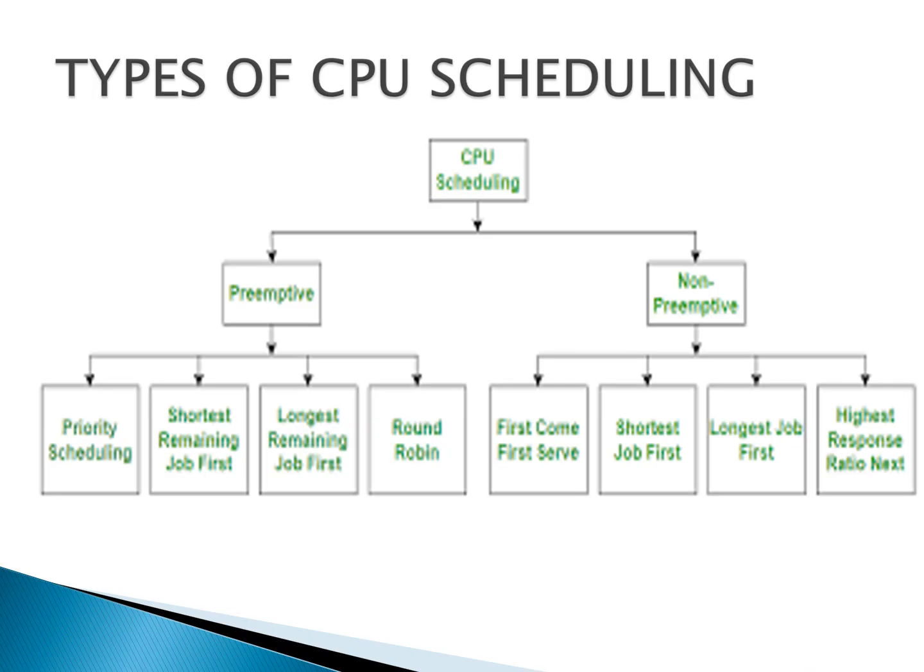And in non-preemptive, there are shortest job first, first come first serve, longest job first, and highest response ratio next. So these are some of the different types of preemptive and non-preemptive scheduling.